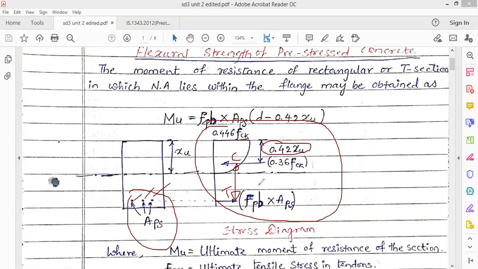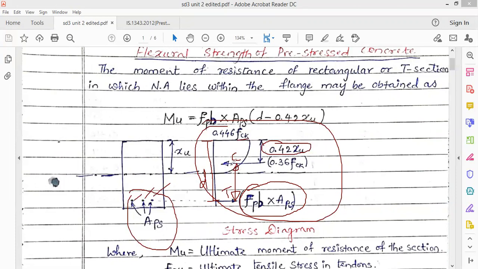Force, I am going to consider this pre-stressing force, that is fpb × Aps, the tensile force, into distance. What is the distance? The distance from the top fiber to the steel is the effective depth d.